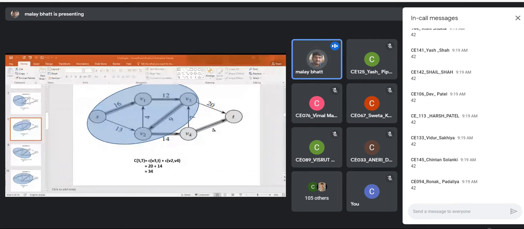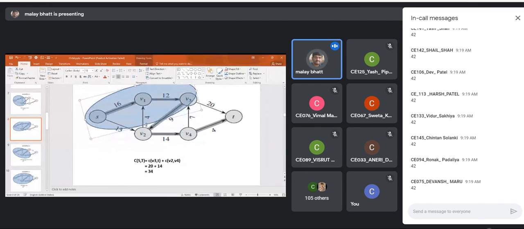S, V1, V3. Okay, 42. Yeah. If you consider S, V1, V3, we have to consider the outgoing arrows from them. So 13 will be considered, right? The graph will look like this. If I change this diagram, it will look like this.